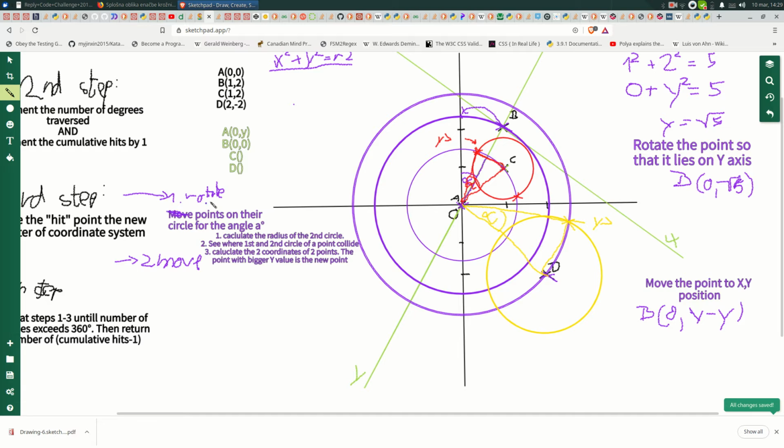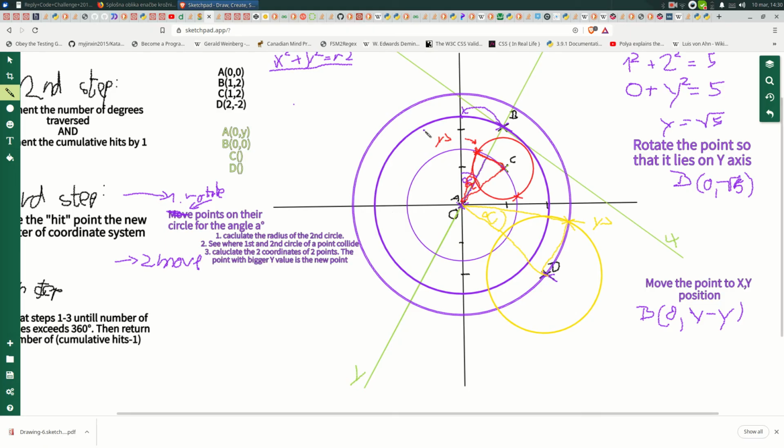Let's rotate, and then we also move it, but hold up a moment.